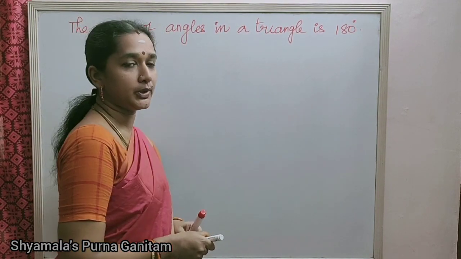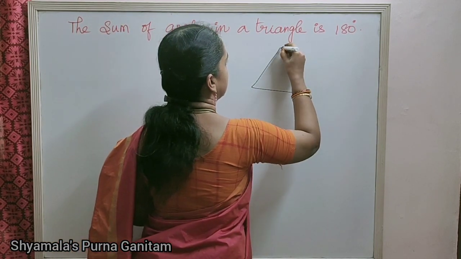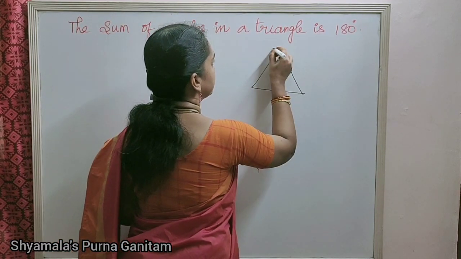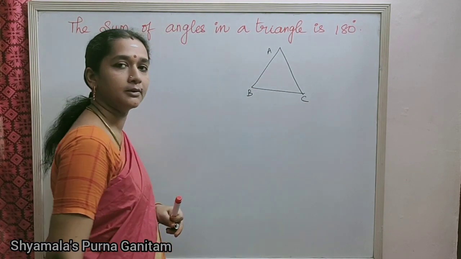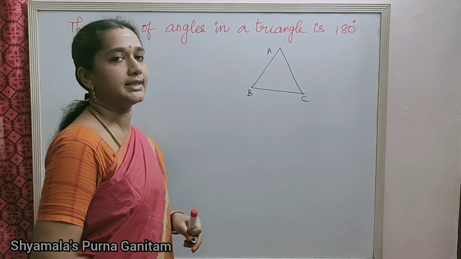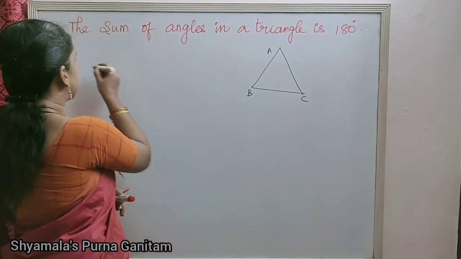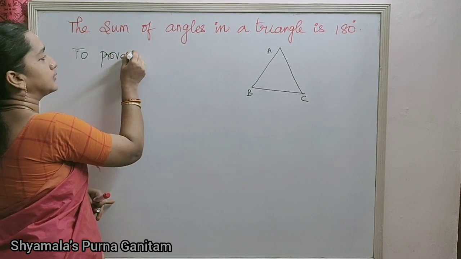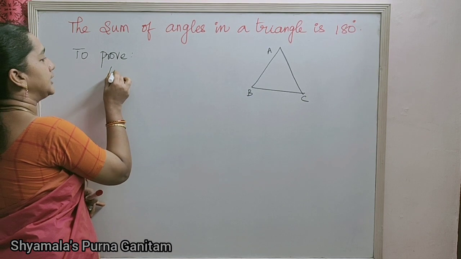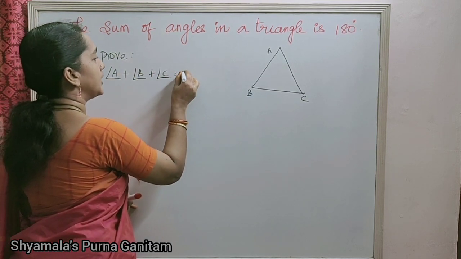For proving this, we'll take a triangle ABC. The sum of angles in a triangle means when you add angle A, angle B plus angle C. To prove: angle A plus angle B plus angle C is 180 degree.